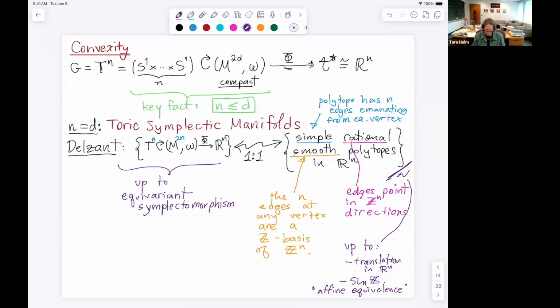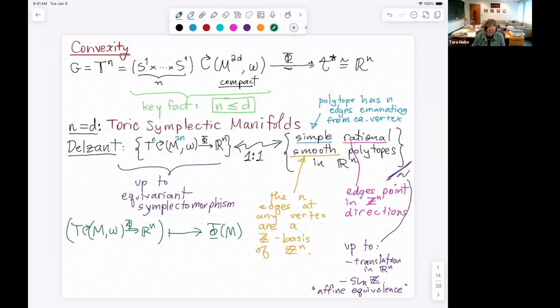Okay, so that is the symplectic classification of toric manifolds. And I should say a word about the proof. So in one direction, you associate to such a T-manifold, you simply associate the polytope.